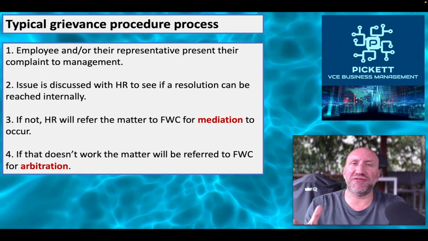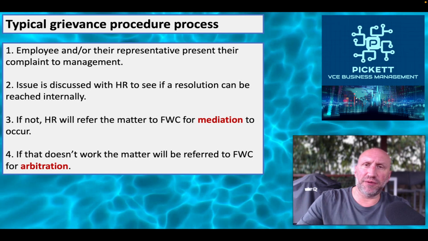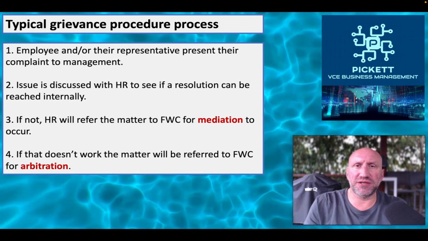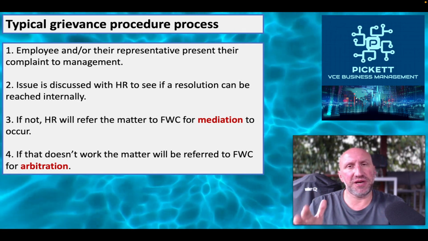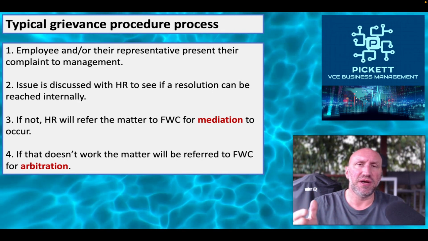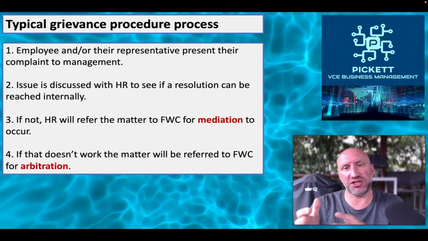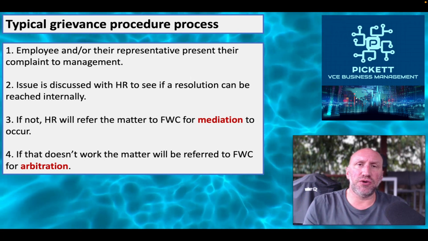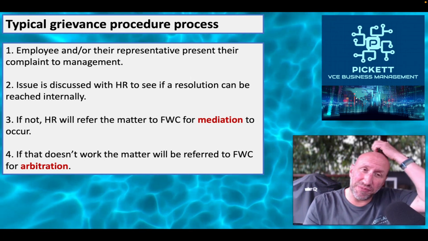Now, a typical grievance procedure process. We're wheeling things back a little here, because the key knowledge dot point said including mediation and arbitration. We'll get on to mediation and arbitration, but we're going to pare things back before we even get to that stage. So a typical process, very simplified, might look something like this.